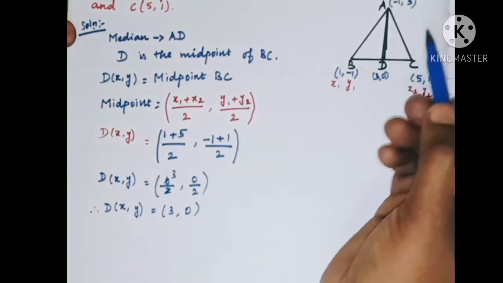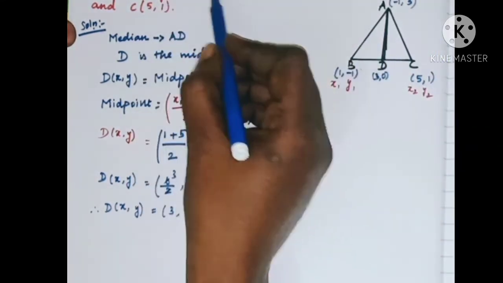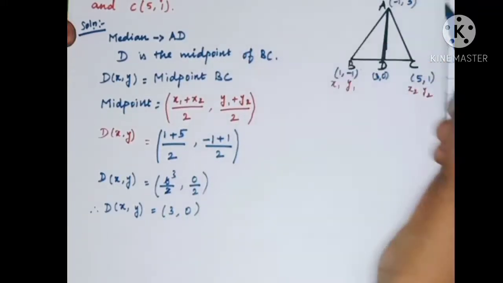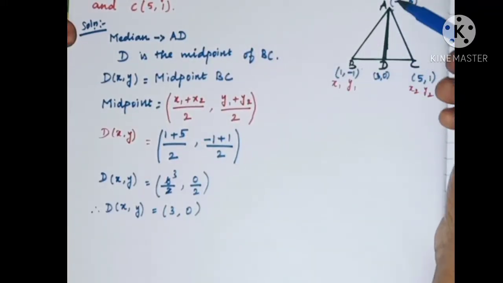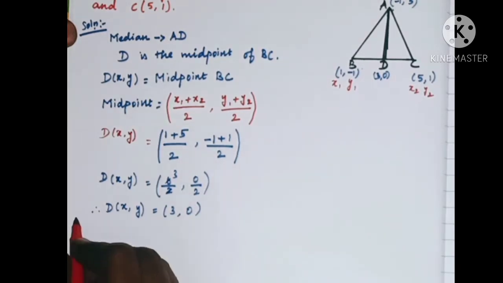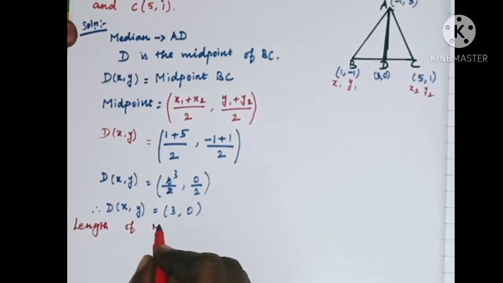But in the question they are asking to find the length of the median. So AD is the median, and we have to find the length of the median AD.